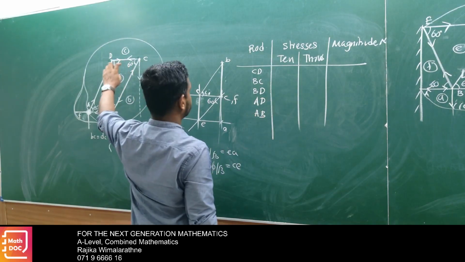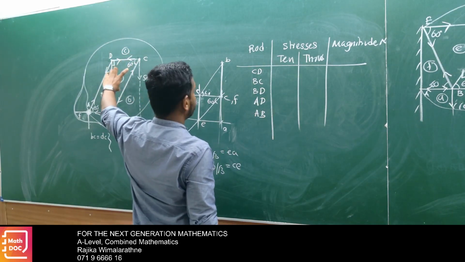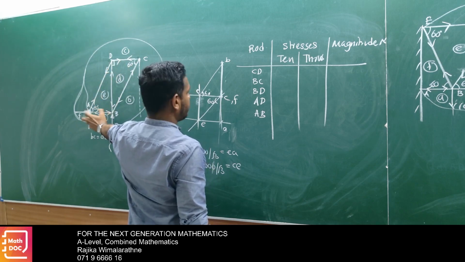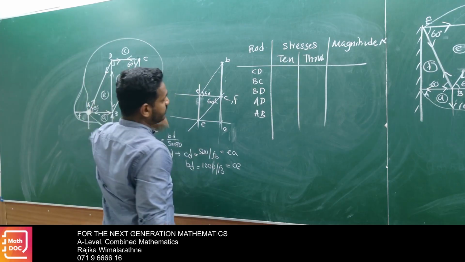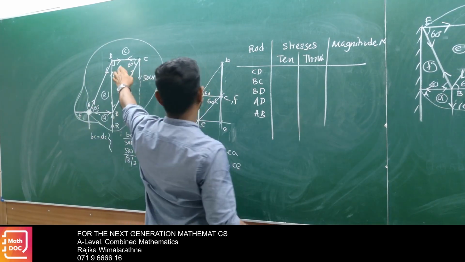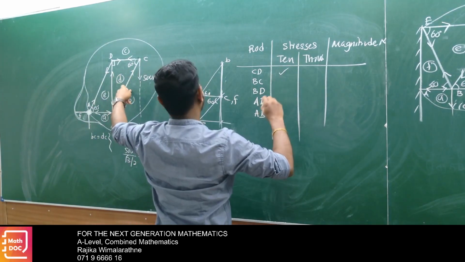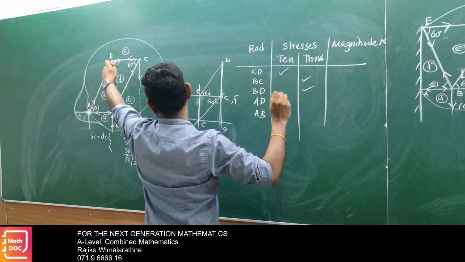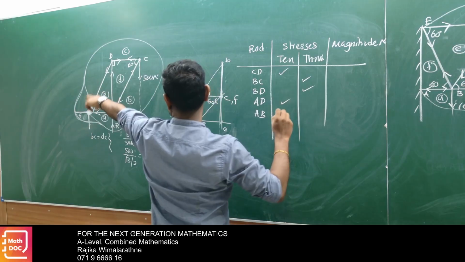Check it. CD, BC, BD, AB and AD. CD tension, BC thrust, BD thrust, AD tension, AB thrust.